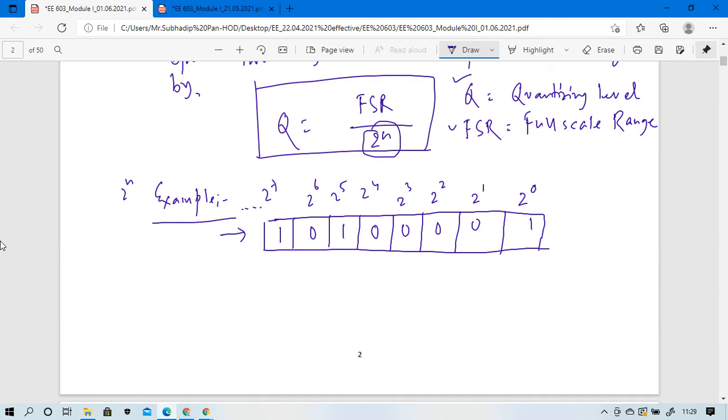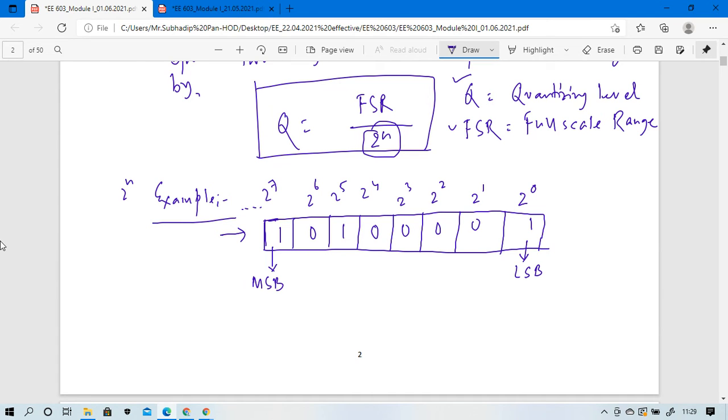If I consider up to 2 to the power 7, this particular portion is called the MSB, the most significant bit. I will discuss this already. And this part is called the LSB, the least significant bit.